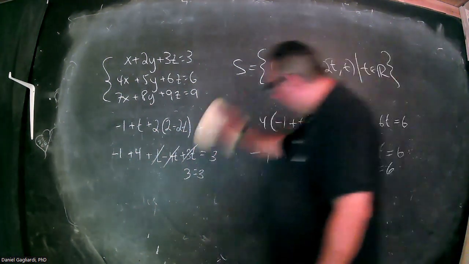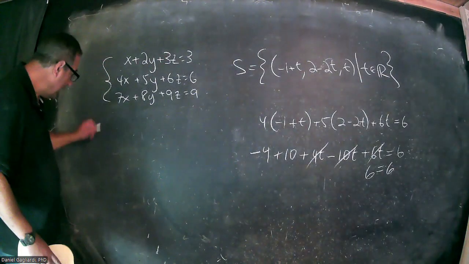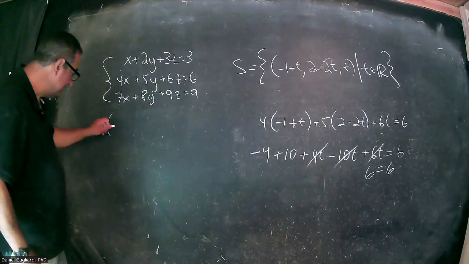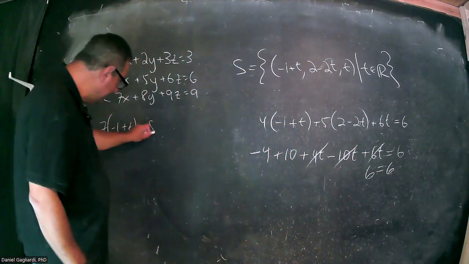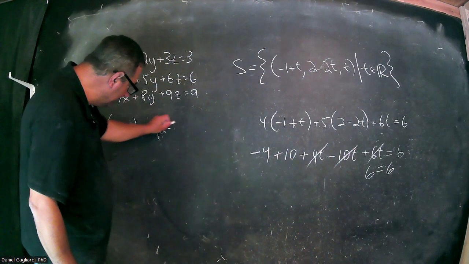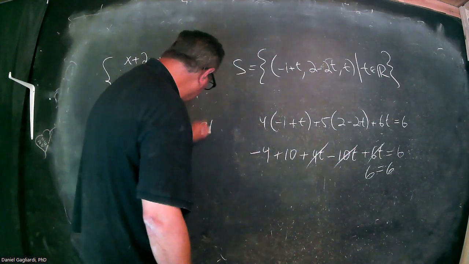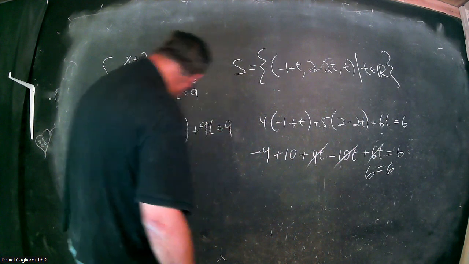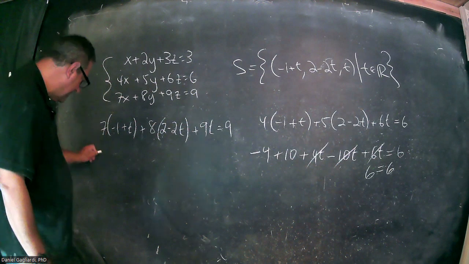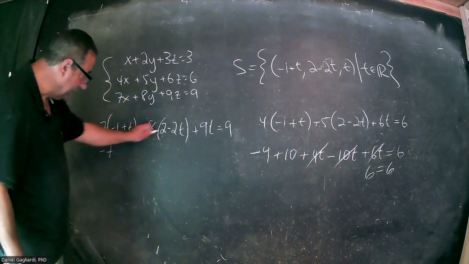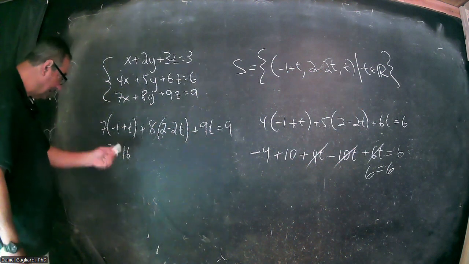Now let's check equation 3. So for equation 3, we have 7 times -1 plus t, plus 8 times 2 minus 2t, plus 9 times t. And all that's supposed to equal 9. Well, what do we have? In terms of numbers, we have -7, okay, and then 8 times 2 is 16, all right, which gives 9, so that's great.